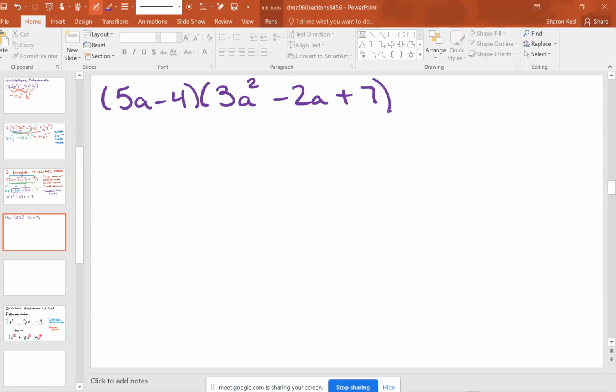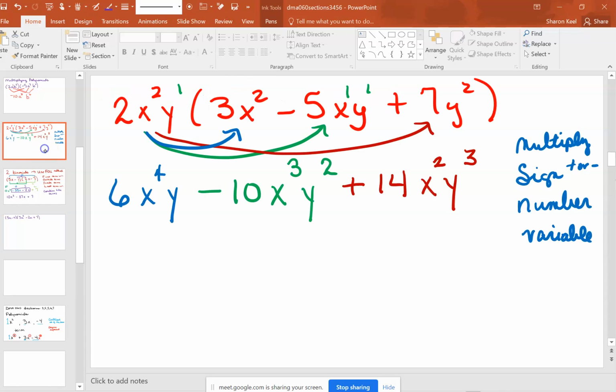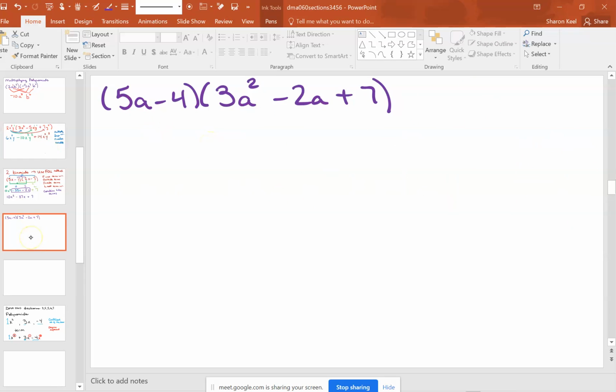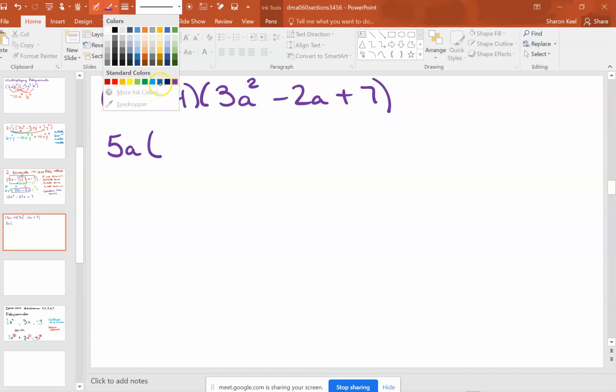When I do ones with multiple terms, I like to write them so they appear to be like this problem, where it looks like you're just going to distribute. So to make this appear to be a distributing problem, I would take my 5a, and I'm going to multiply it by what's in parentheses.